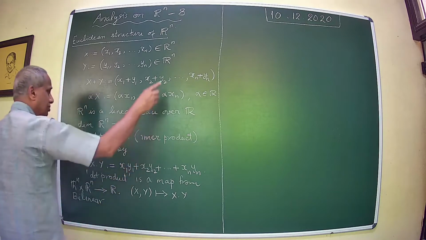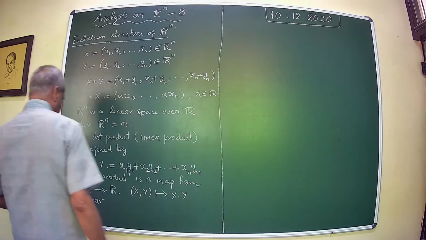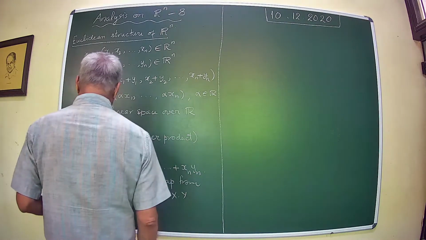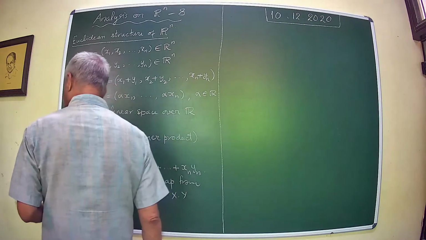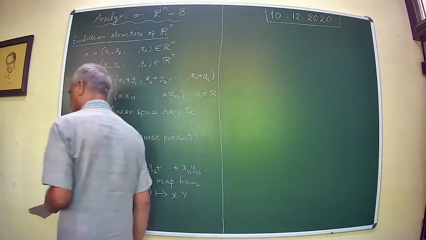Since we are working only on R and Rn, the complexification does not come into the picture.